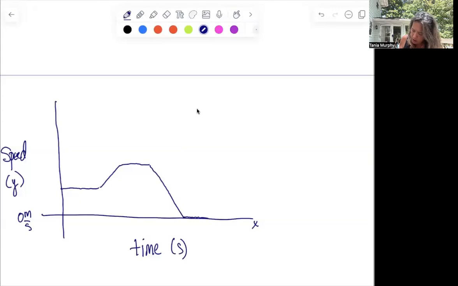Same speed, slowing down, same speed, speeding up, right?